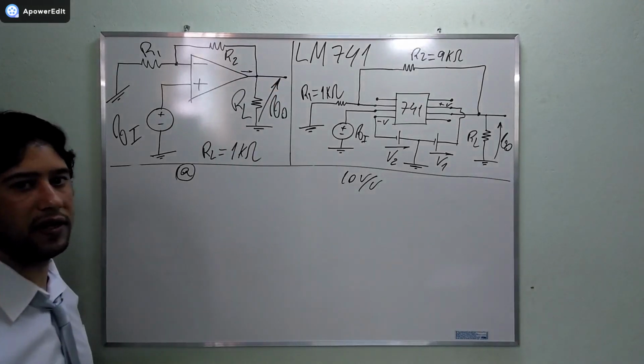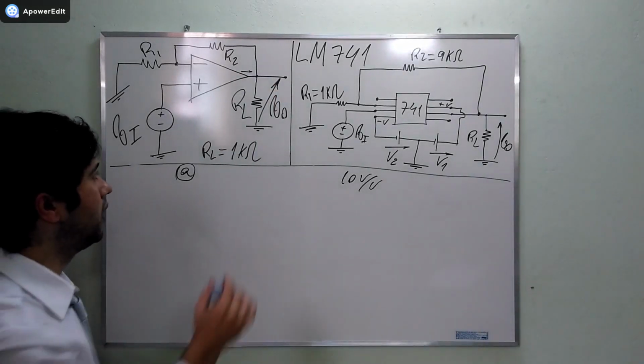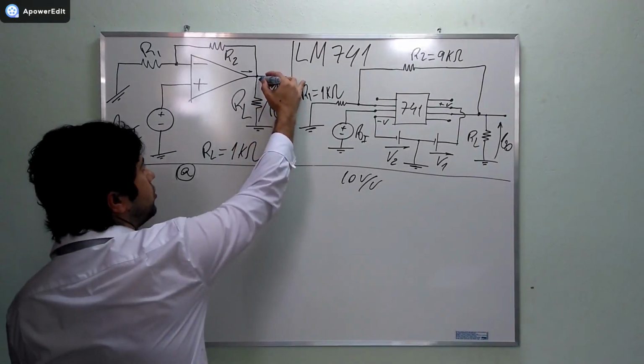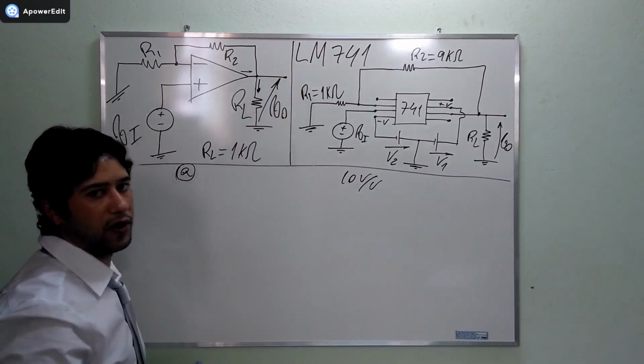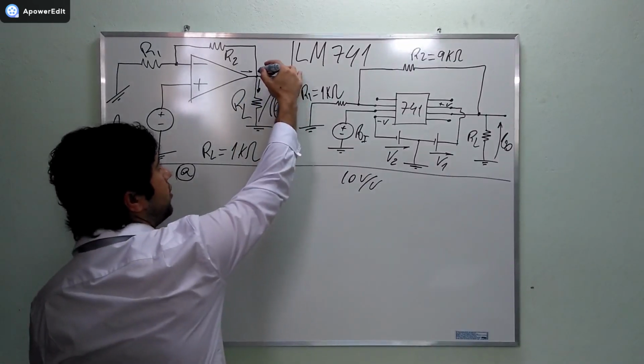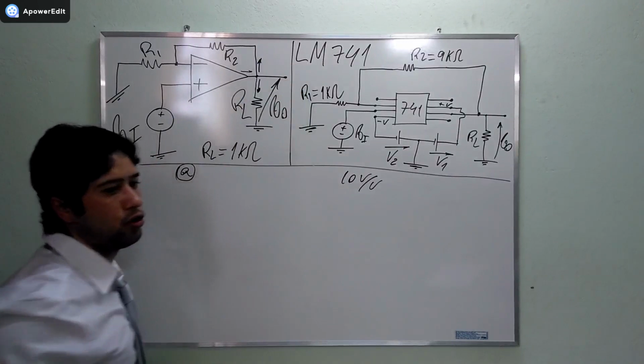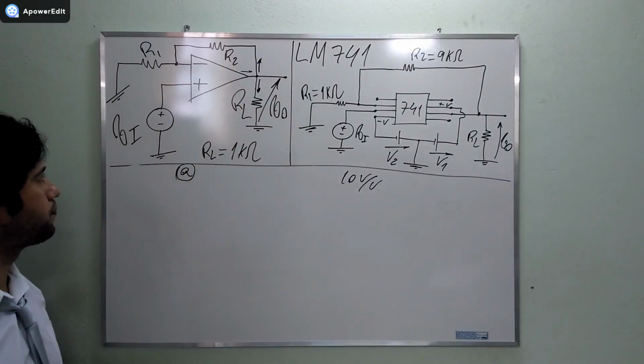That is the current that leaves the device. The current that goes to the load is going to be this current here. And there is another current that goes to the feedback loop.